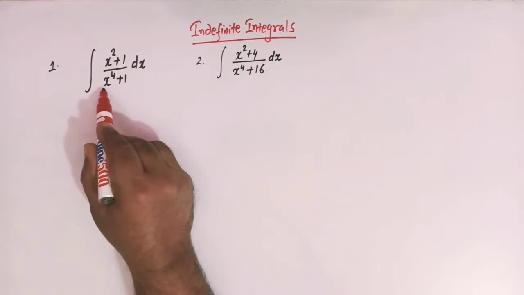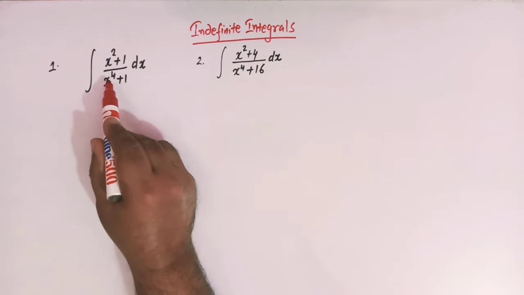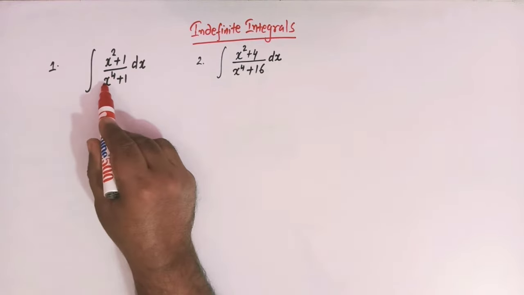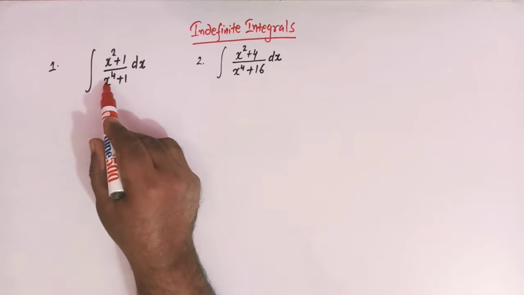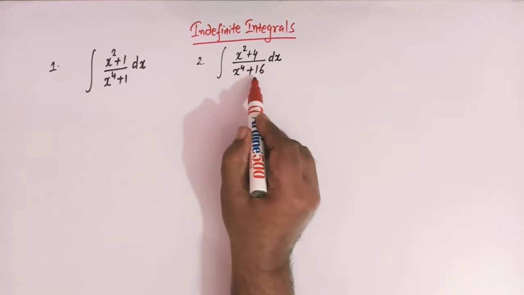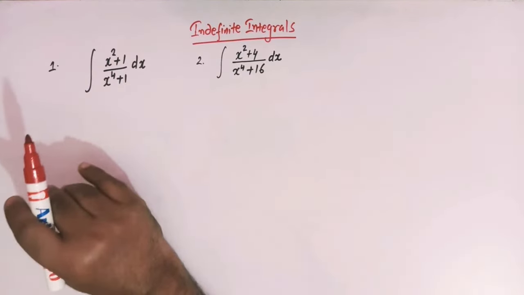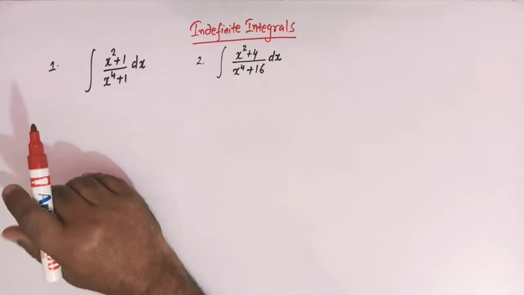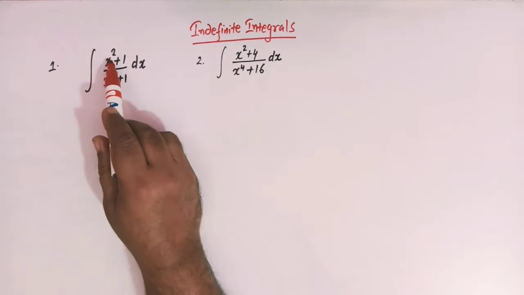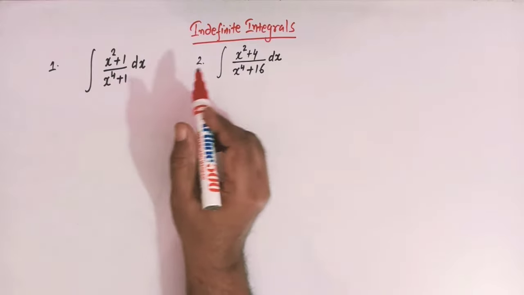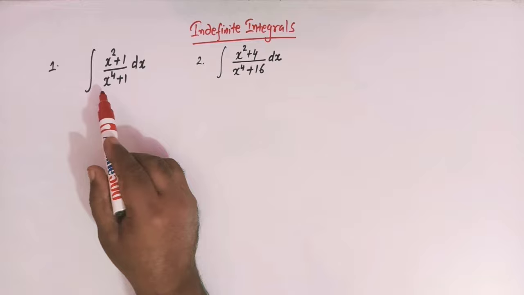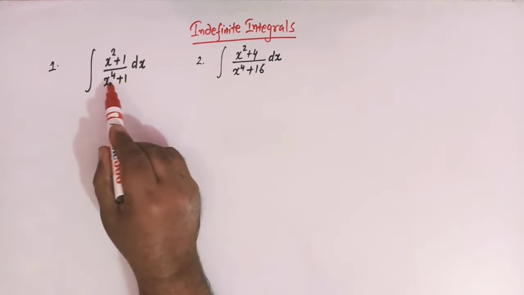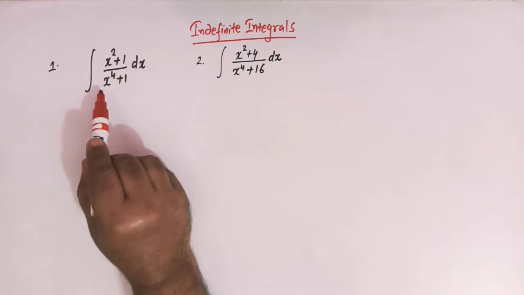In the denominator we have an expression containing the power of x as 4, so a biquadratic function. In this class we will learn how to integrate these types of rational functions in which the numerator is a quadratic function and the denominator is a biquadratic function.